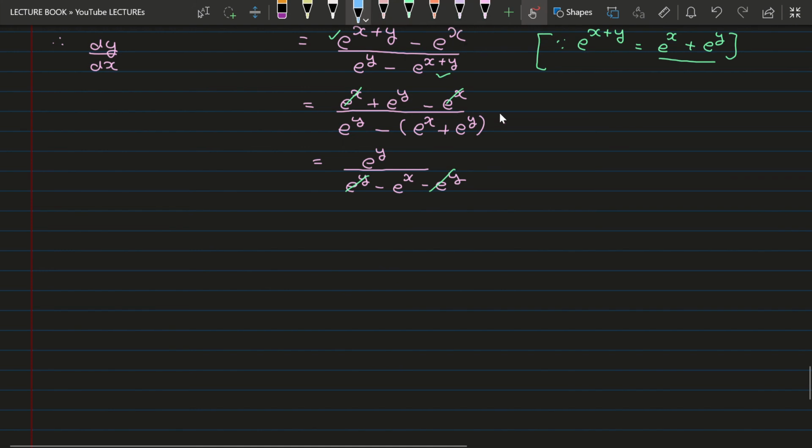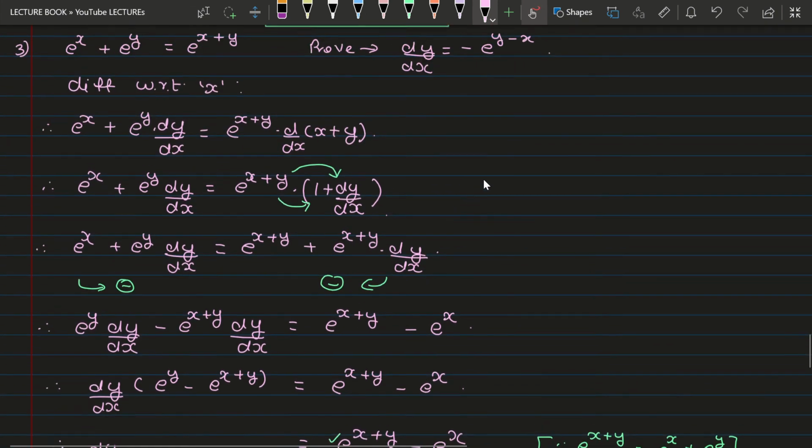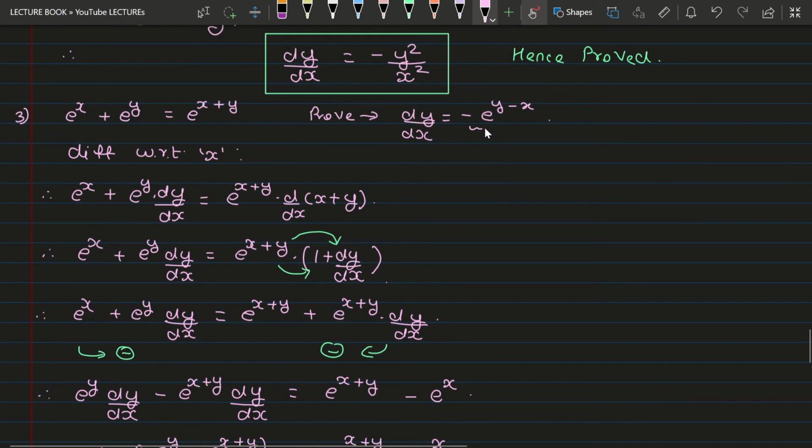Now we have studied the laws of indices, according to which a raised to m upon a raised to n can be written as a raised to m minus n. So guys, we are ready with our answer. The minus over here remains as it is. This becomes e raised to y minus x. So that is what was required over here. Can you check it out?